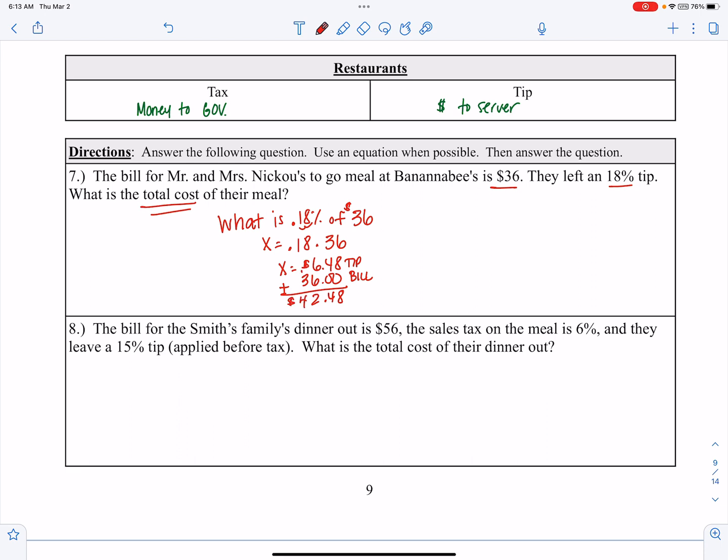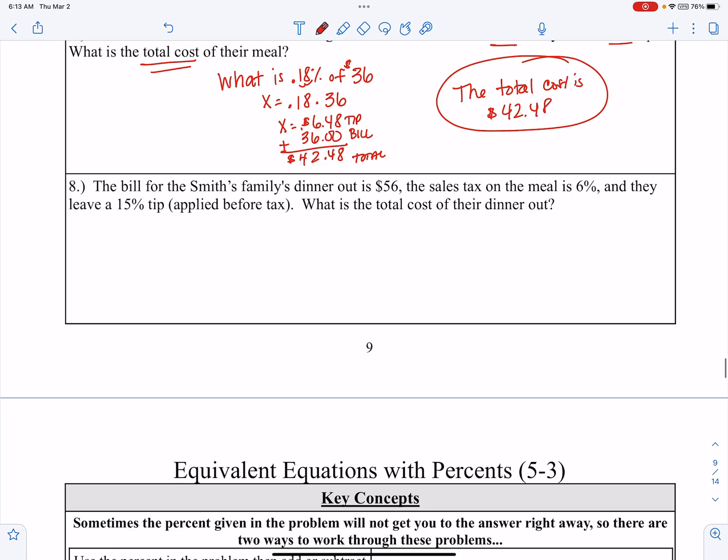And so we have a total payment of $42.48. So the total cost is $42.48.